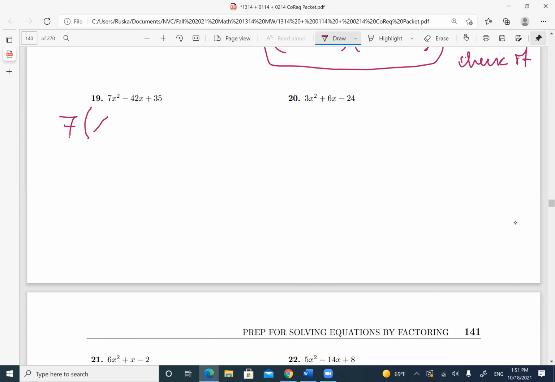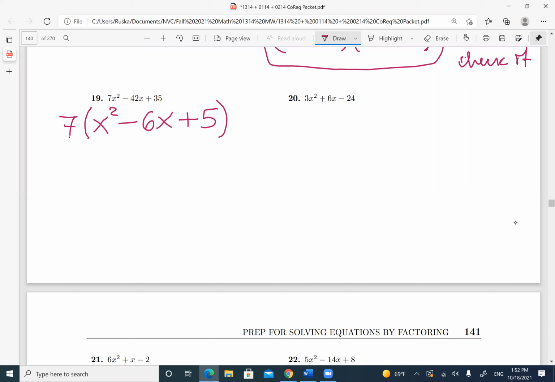What I'm gonna get inside is just one x squared, and then minus 6 times 7 is 42, right? X plus 5. So luckily, after I factor the greatest common factor, which is exactly the number in front of x squared, I get something with 1x squared.